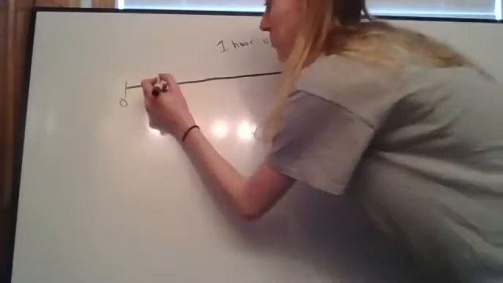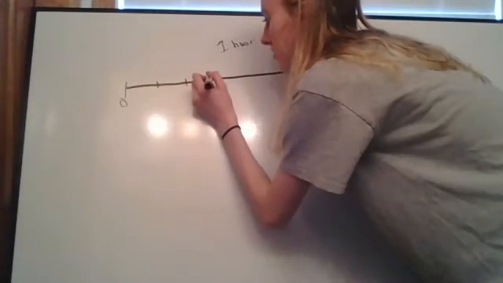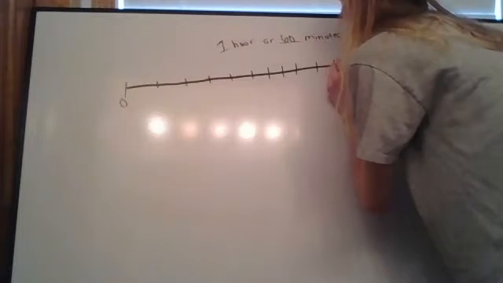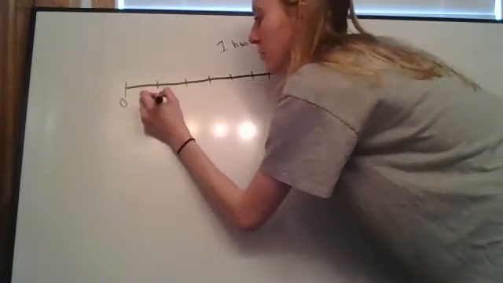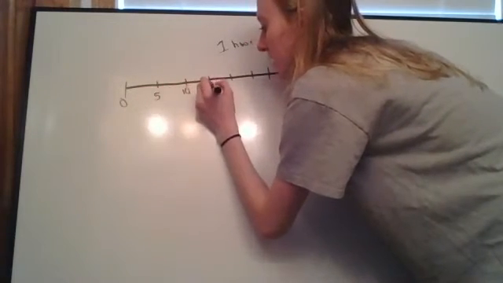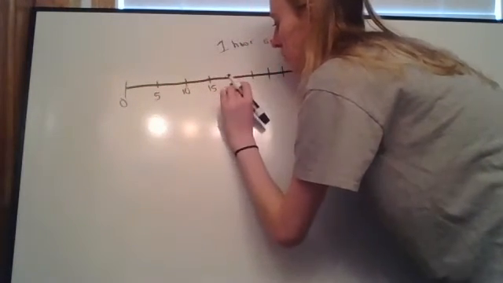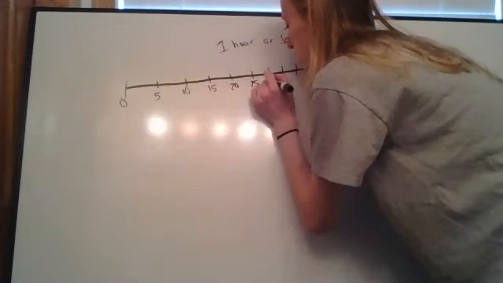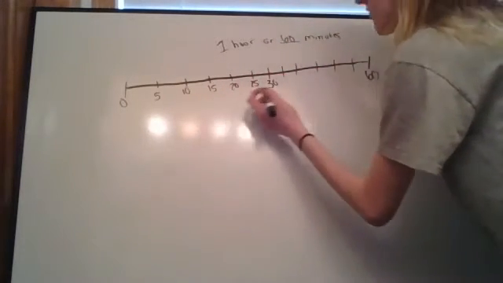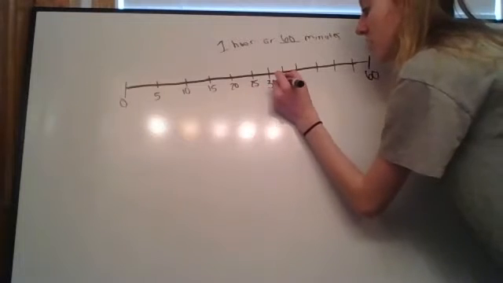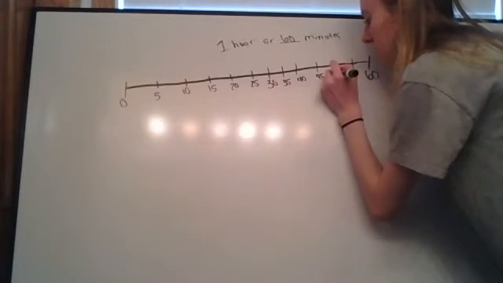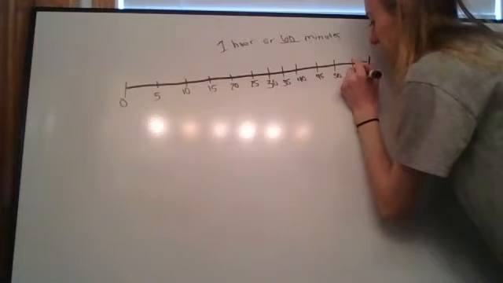So I'm just gonna go ahead and put 5, 10. I'm just gonna go ahead and mark them by the 10s, just so it's easier for us. 5, 10, 15, 20, 25, 30, 35, 40, 45, 50, 55, 60.